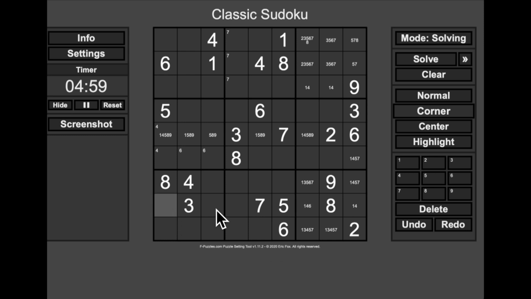Okay. These cells, which don't have any candidates in them at all, cannot be 3, 5, 7, or 8. Let's start with that. They could be 1, 2, 3's in, 4 is not, 5 is in, 6 is not, 7 and 8 are in, 9. Now, these cells aren't 4.